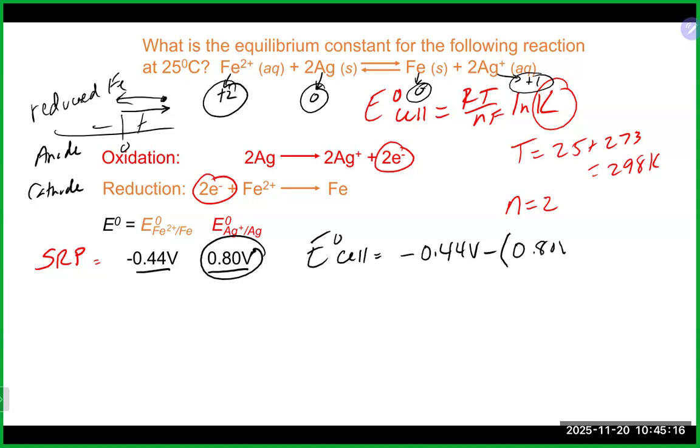So I won't change it, which in this case is actually the silver. And here we will get, looks like, negative 1.24 volts in this case as our E of our cell.